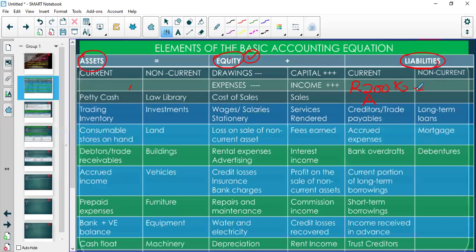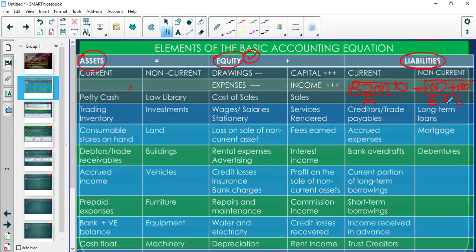And we need to determine where you got that money from. Some of the money might have been your savings for a very long time, which is 100K. So that's your equity. Probably you borrowed from friends and relatives. That's your liabilities. So you managed to raise 200,000. You bought an asset for 200,000, and you need to account for the source of the money, which is the equity and the liabilities.